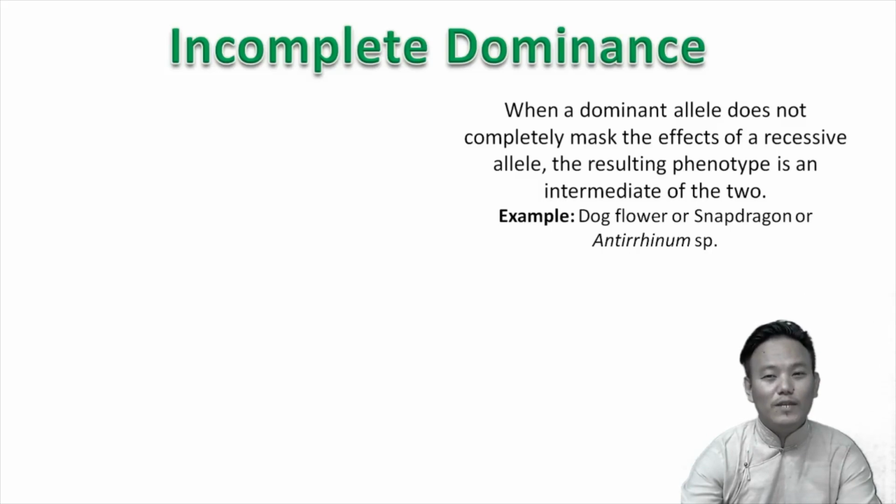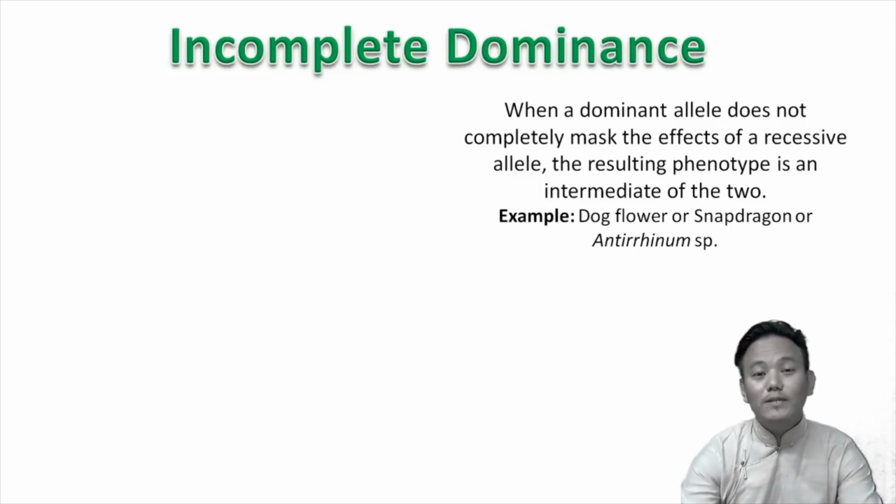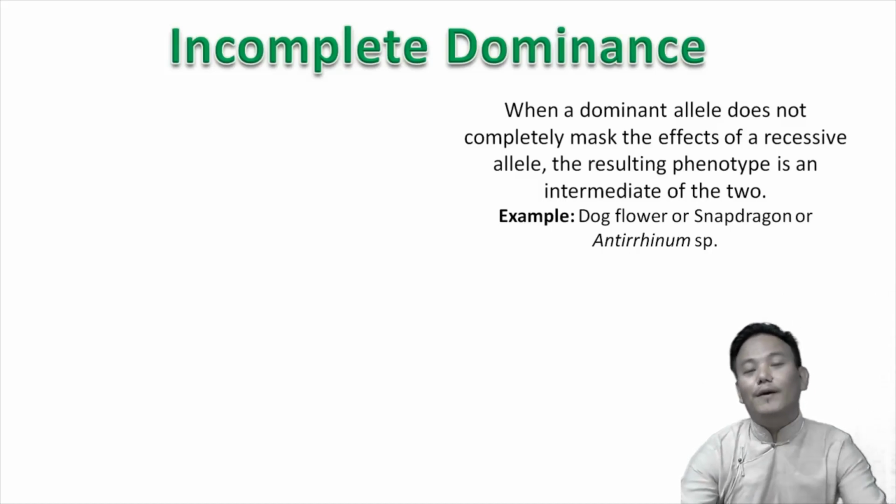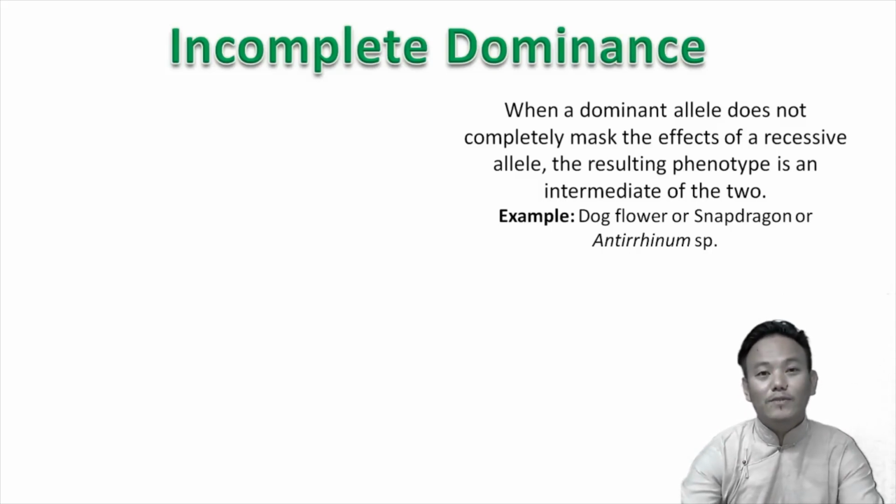What it really means is, when there are two different alleles, one dominant and one recessive, the dominant allele is not completely dominant. It is unable to completely mask or suppress the recessive allele. So that recessive allele also expresses a little bit, and the resulting phenotype of the offspring will be somewhere in between the two parents.